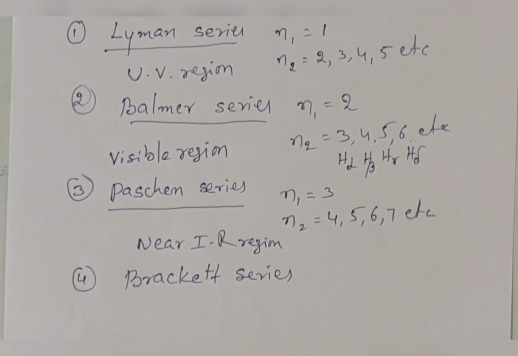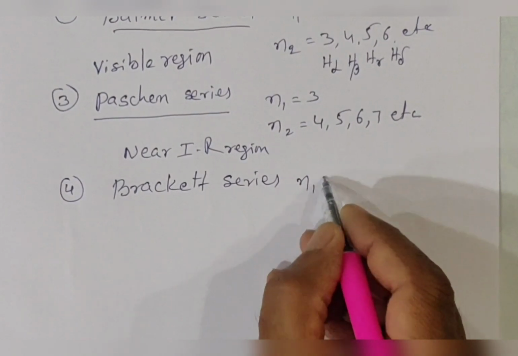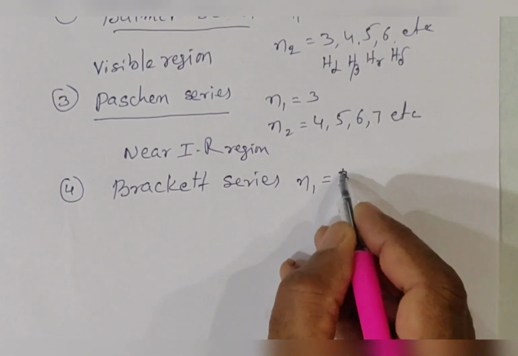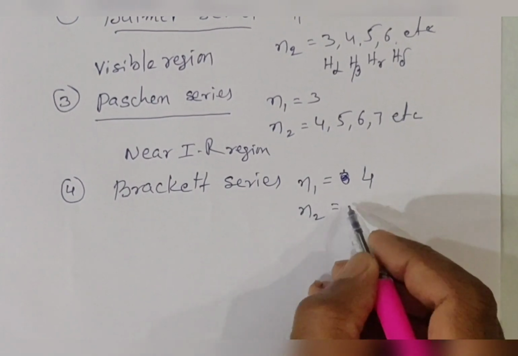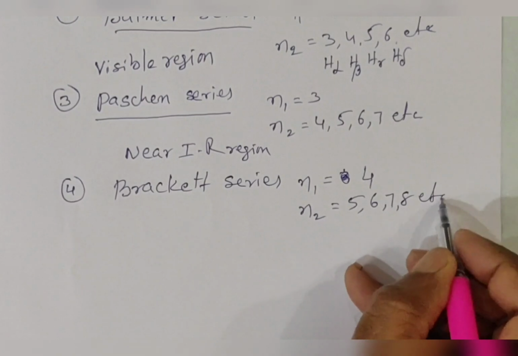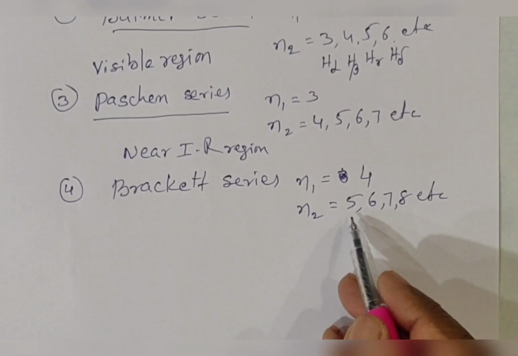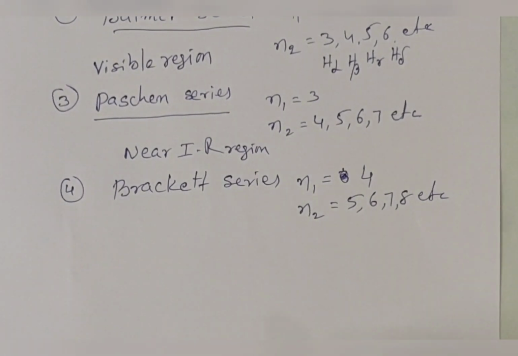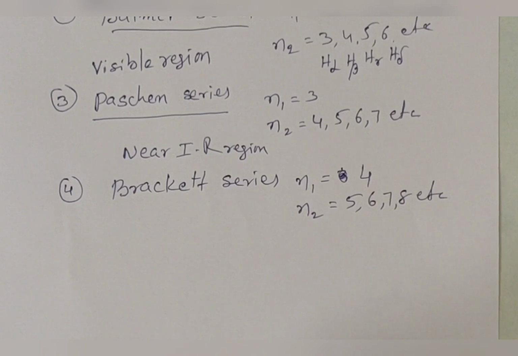Next, the fourth one is the Brackett series. In the Brackett series, N1 is equal to 4, and N2 is equal to 5, 6, 7, 8, etc. N2 equal to 5 means the first line in the Brackett series, then the second line, third line, fourth line, like that.